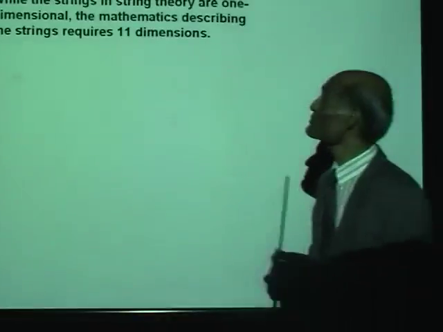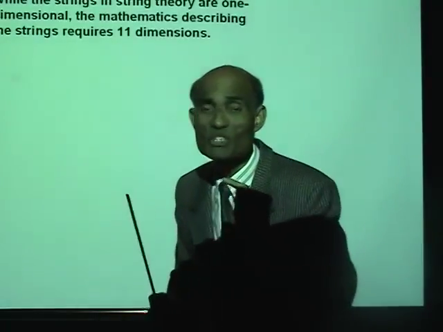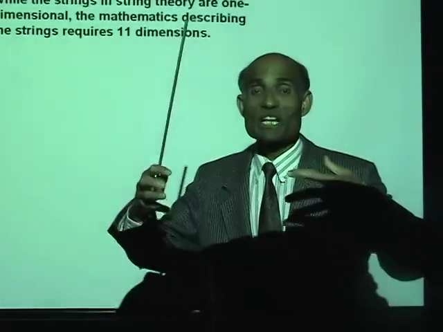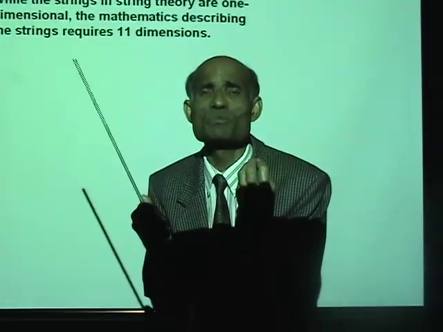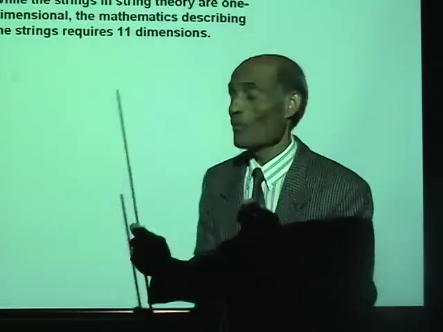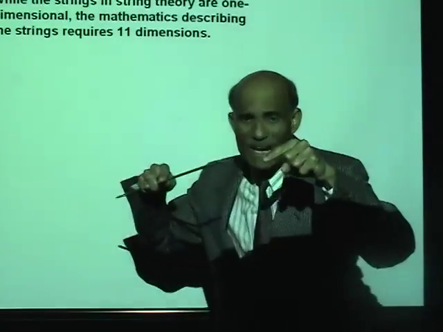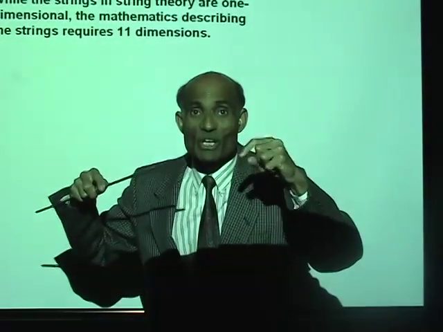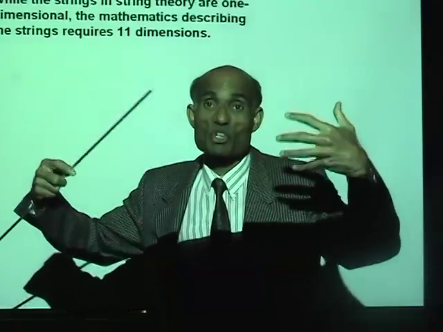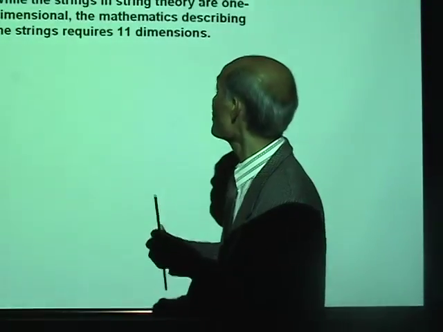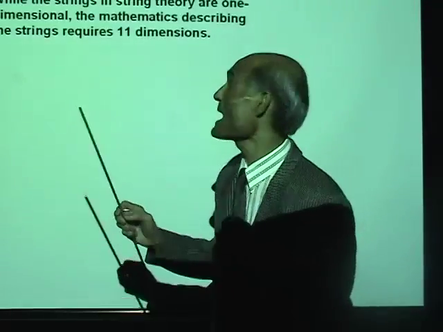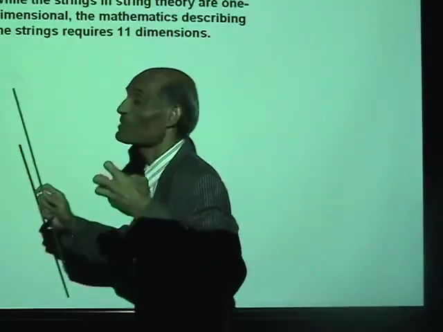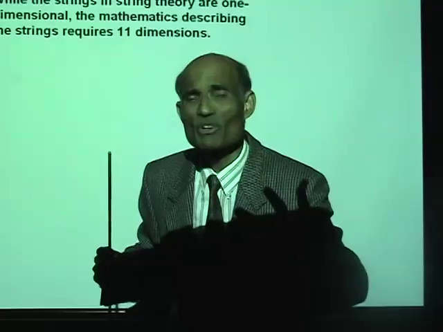Now, while strings in string theory are one-dimensional, you see, string theory is very strongly supported by beautiful mathematics. While the strings that you saw are one-dimensional things, the universe that makes up these strings, when described mathematically, requires about 11 dimensions.